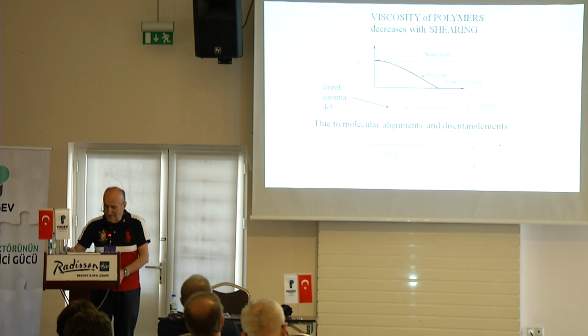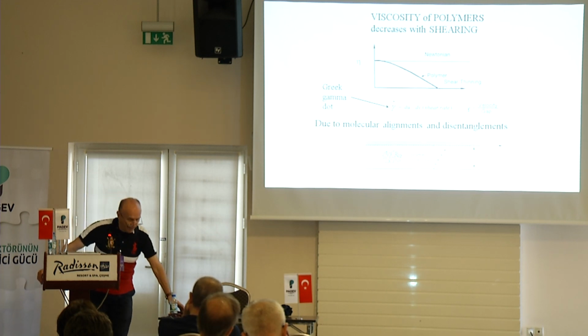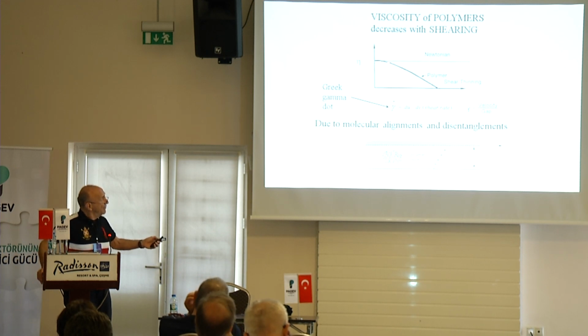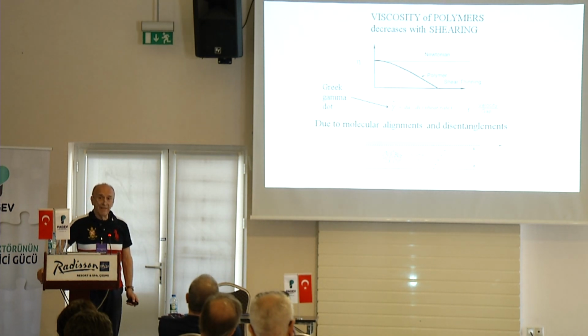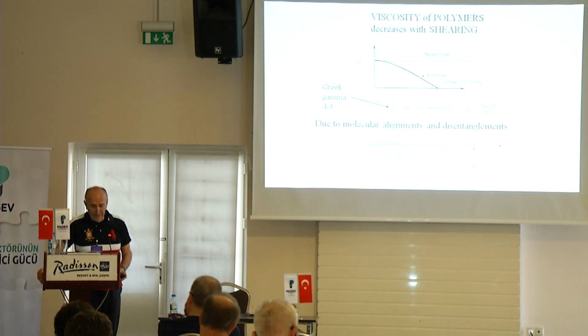And this property, of course, we represent with this very well-known curve: the viscosity of a Newtonian fluid is constant. However, the viscosity of the polymer drops with the rate of shearing. So it is a very, very important property to measure and understand.